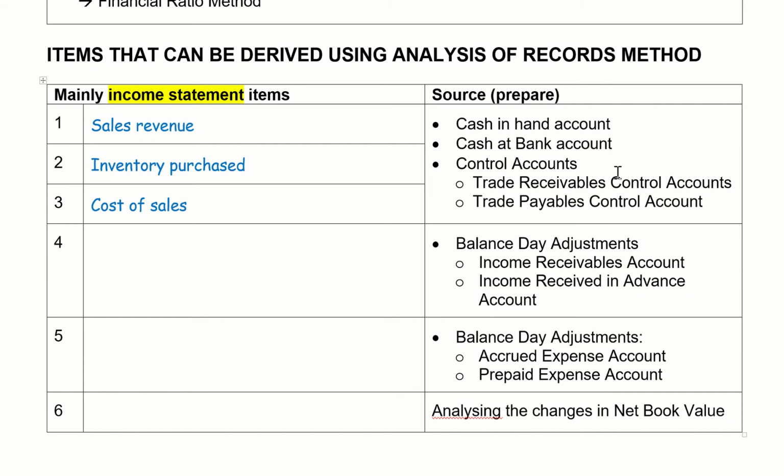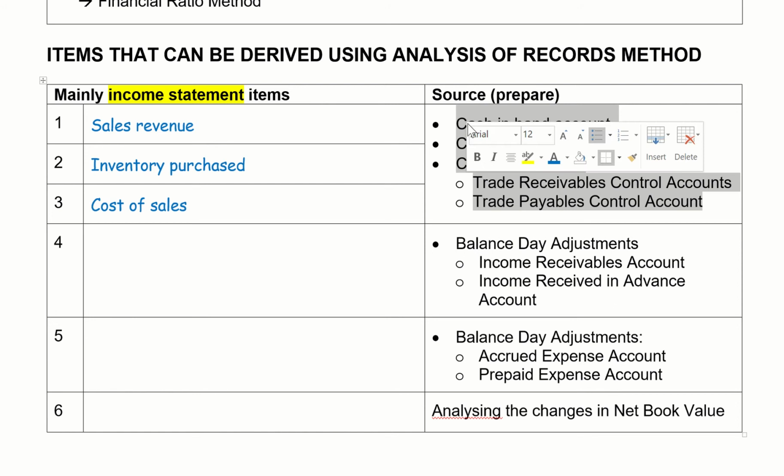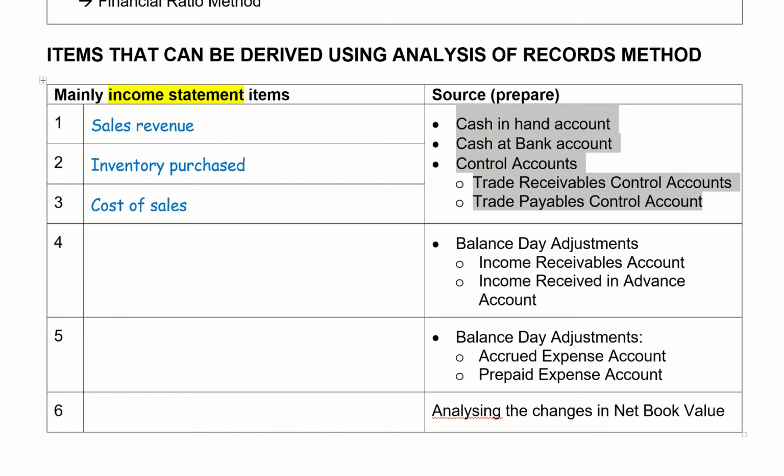These three items, where do they come from? They actually come from your cash in hand, cash at bank, as well as your control accounts. So today we are going to be focusing on these three items, and we will look at the cash in hand, cash at bank. We will be preparing a lot of control accounts.